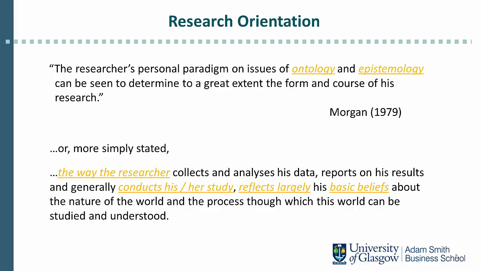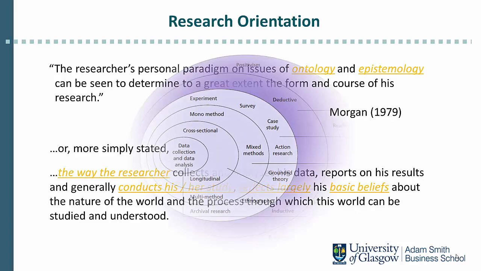More simply stated, it is the way the researcher collects and analyzes his data or her data, reports on their results, and generally conducts his or her research reflecting largely his or her basic beliefs about the nature of the world and the process through which this world or this phenomenon can be studied and understood.